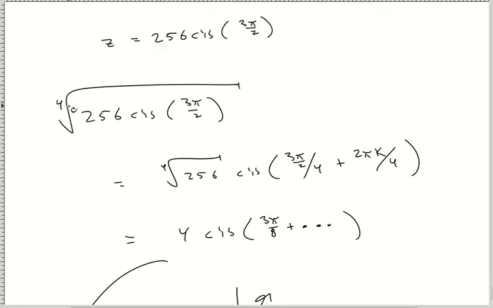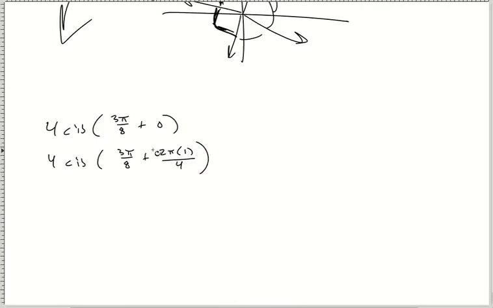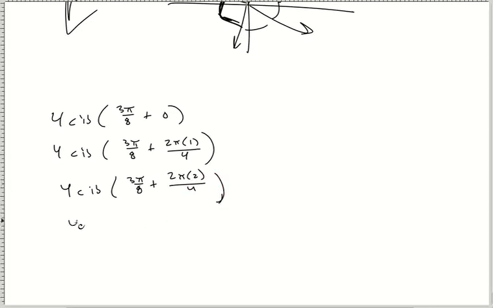Originally, it's a 4, right? Fourth root, 4. So that's a pi over 2 business. Well, then you're done there. 3 pi over 8, and then plus 2 pi times 2 all over 4. And we got one last answer, CIS 3 pi over 8 plus 2 pi times 3 over 4. Now, again, these just basically equate to 90 degrees, 180 degrees, and 270 degrees in this particular case.